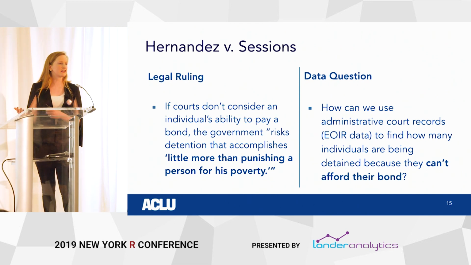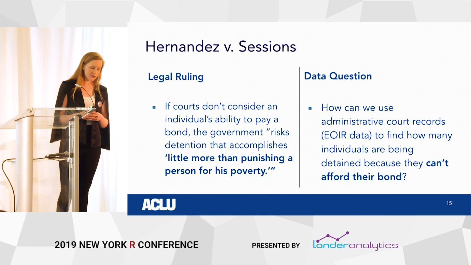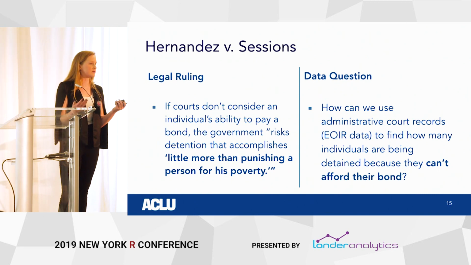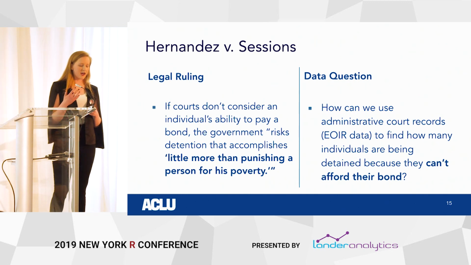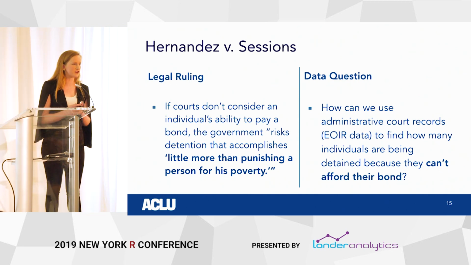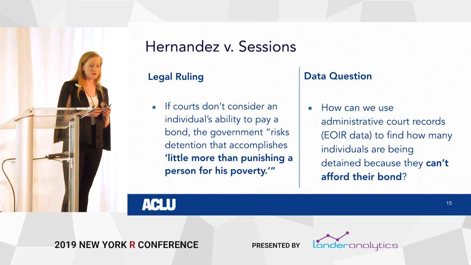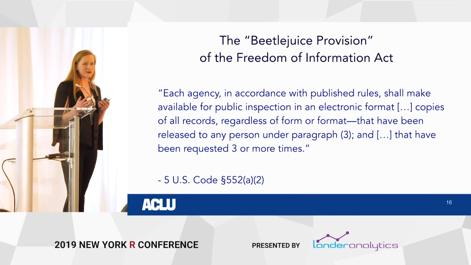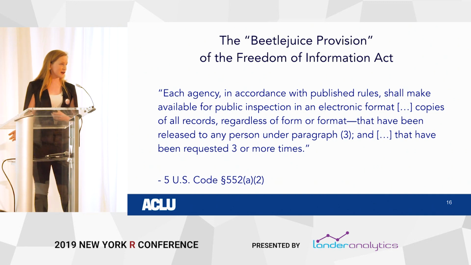And so originally this data was obtained through FOIA requests, but there's actually a great provision of the Freedom of Information Act called the Beetlejuice provision. I don't know if you're familiar with Beetlejuice, but when you say his name 3 times, he appears.